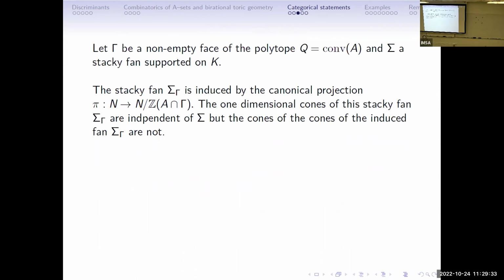And the construction goes like this. So you take a non-empty face, as I said, and you define a stacky fan basically by doing something that I already mentioned when I talked about indices.